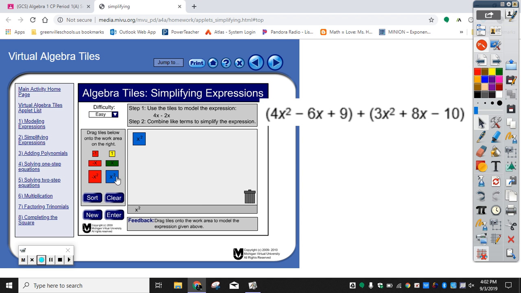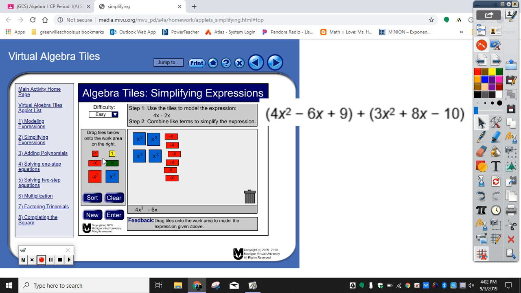So 1, 2, 3, 4. And those are positive, so I use the blue tiles. Minus 6x means I need 6 negative x's. So 1, 2, 3, 4, 5, 6.